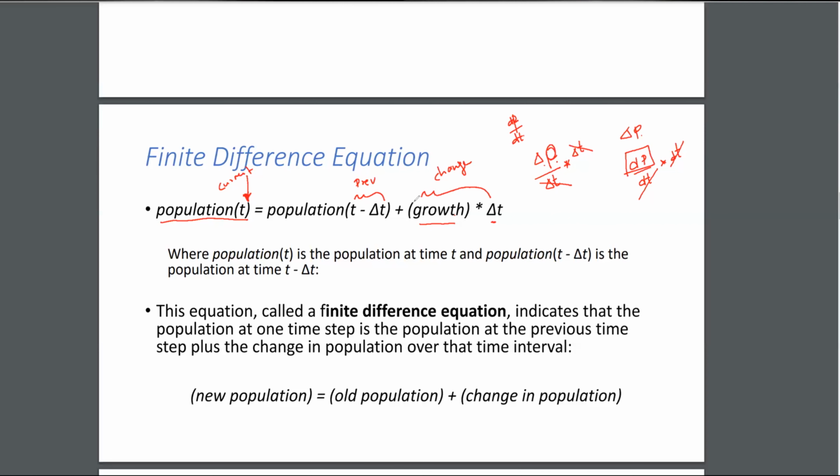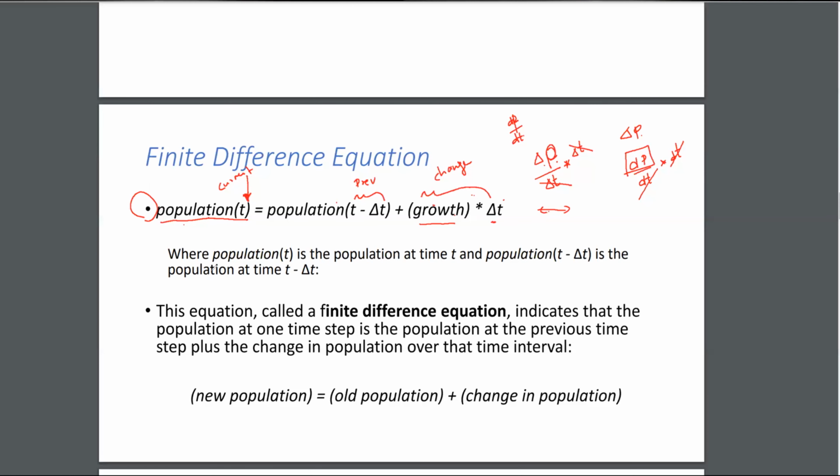That's how you come up with this. That's what it's showing here. So this is the little change, plus the previous value gives you the new value. New value is equal to old value plus the change. This is what we were talking about, put in different terms of math, okay? Don't get confused.